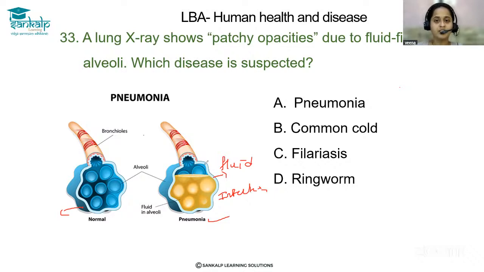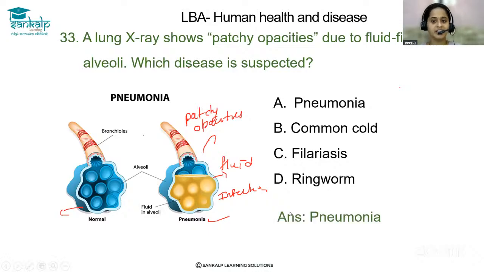That condition is called patchy opacities. So in which disease is this the case? The disease name is option A, pneumonia. In case of pneumonia, the alveolar sac will be filled with fluid.